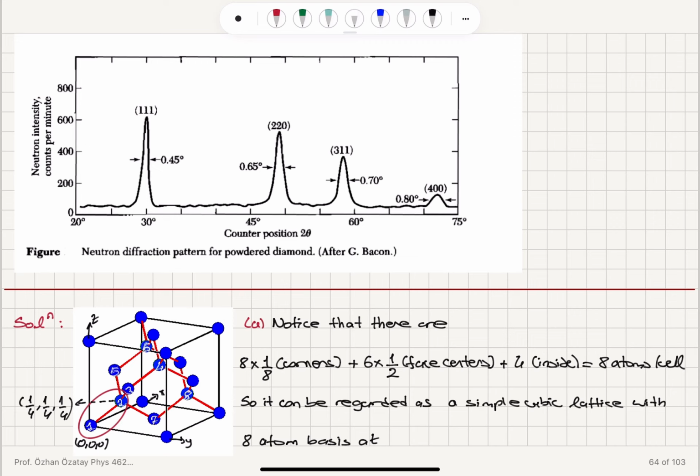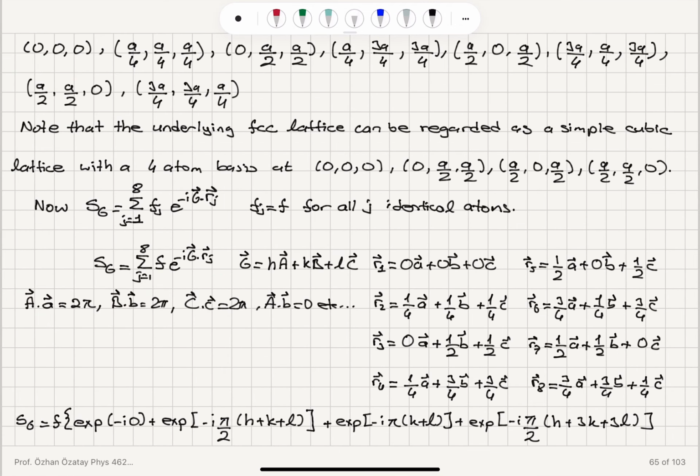So basically the face centers here. So we find these three face centers and we add to them 1/4, 1/4, 1/4. So this takes us to the other atoms. So this completes our 8 atom basis. So these are the proper locations.